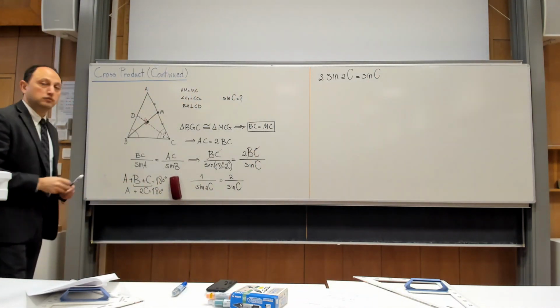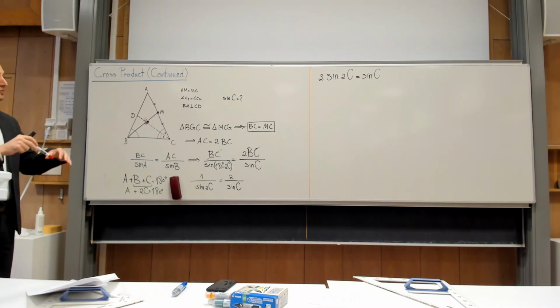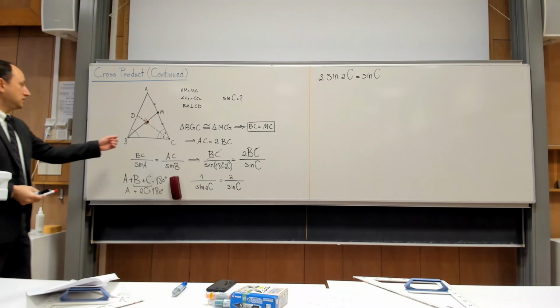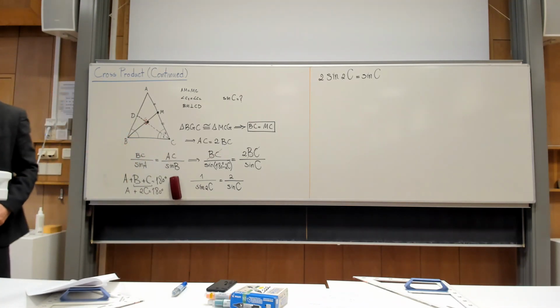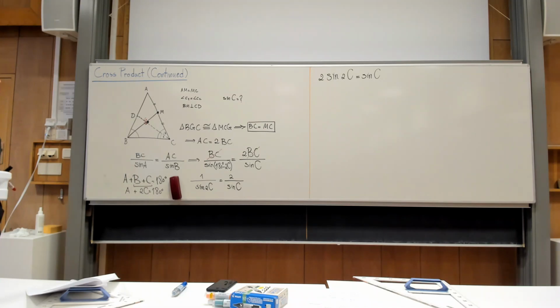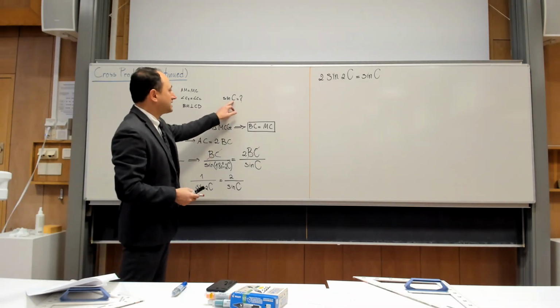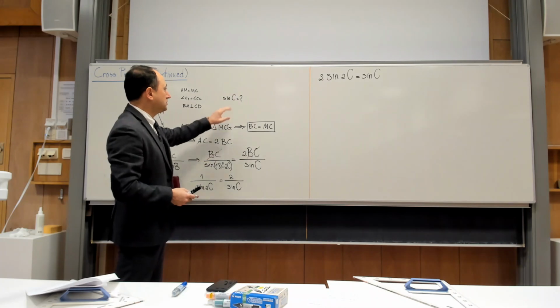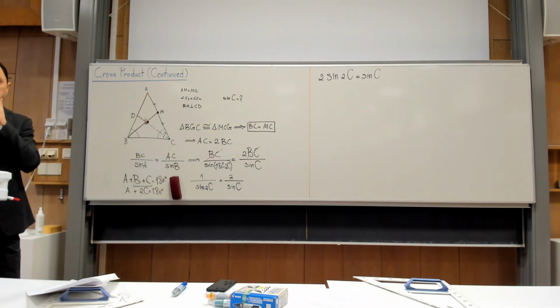I have only one unknown, and that is angle C. But of course, I don't need to be careful about all the angles, because these are the angles of a triangle. So what should I do then? How should I find it? But of course, they haven't asked for finding the exact value of C. Probably it is not possible. They have just asked you to find the exact value of sine of C. So what should I do?